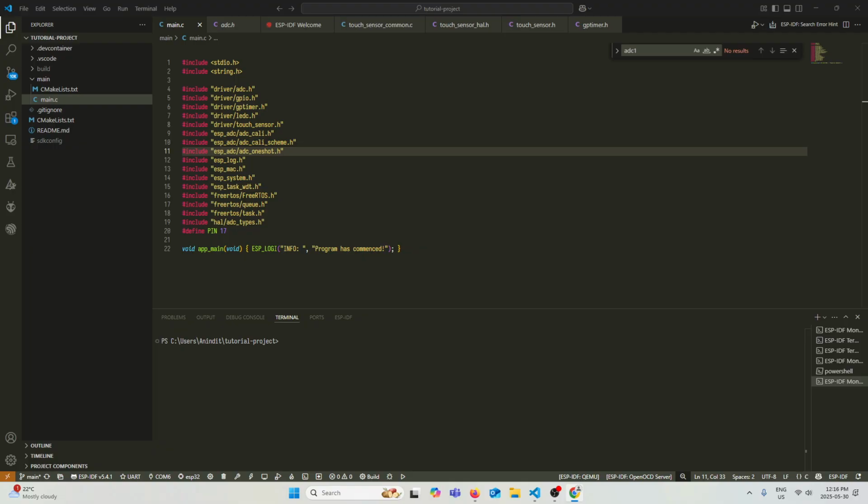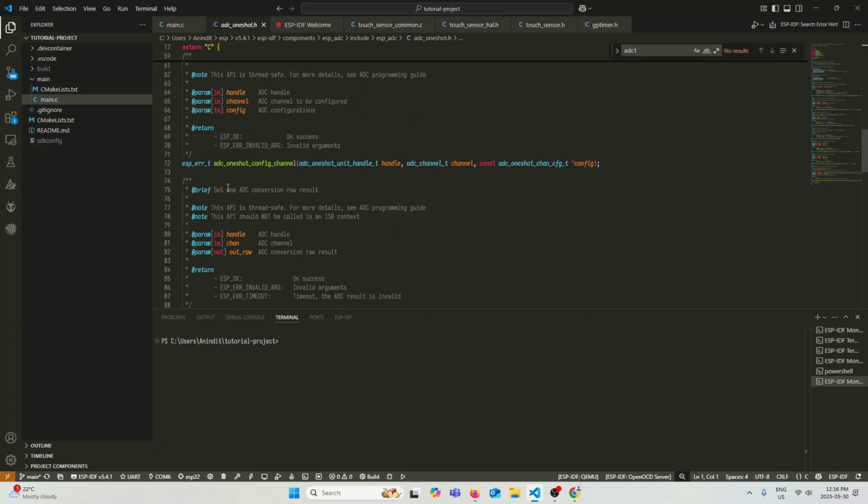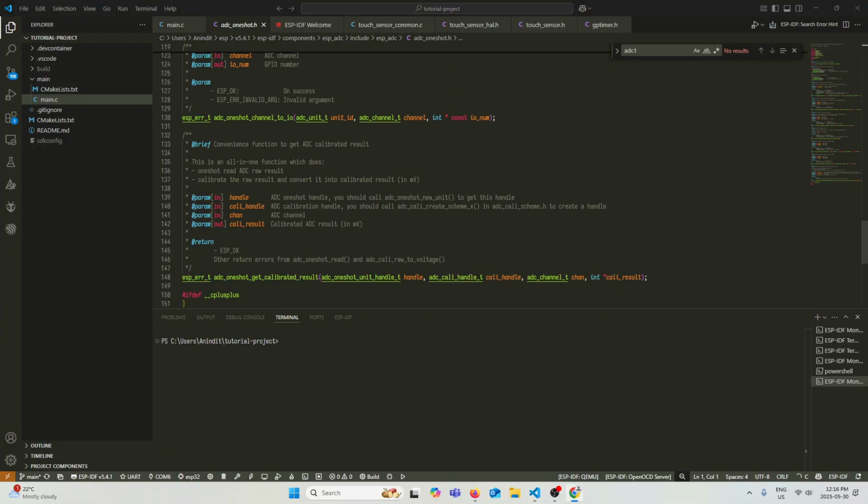Okay, so a lot of stuff here. Is this in the documentation here? The thing is, it's not in the documentation, which I find... Oh, we're looking at an older version. ADC, ESP32. How many, bro? There's so many versions here.